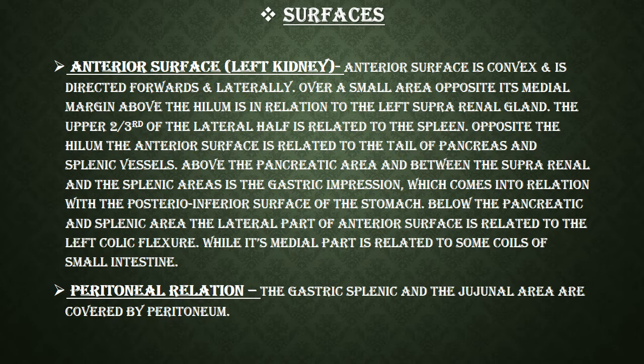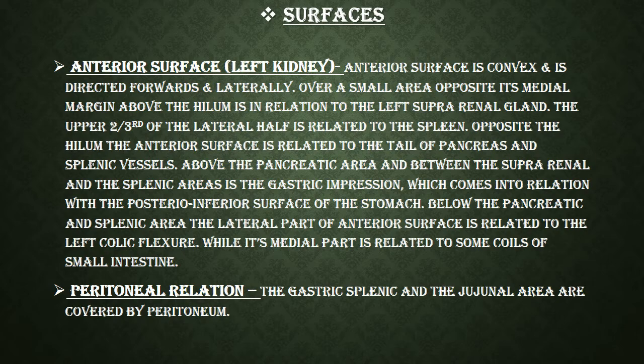The anterior surface of the left kidney is convex and is directed forwards and laterally. Over a small area opposite to its medial margin above the hilum, it is in relation to the left suprarenal gland.